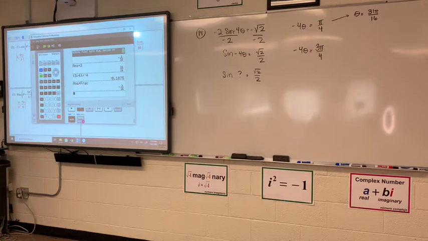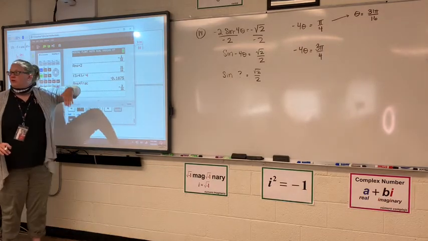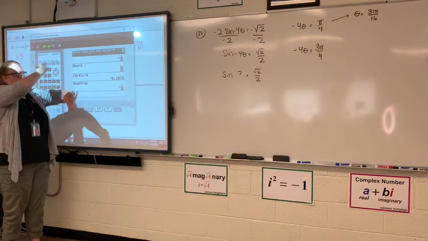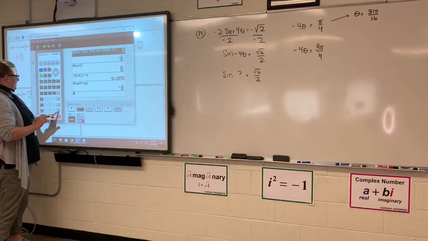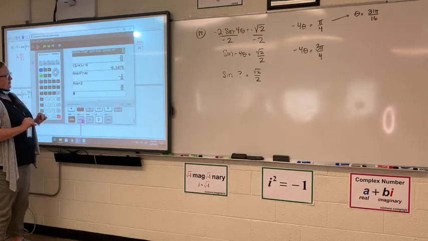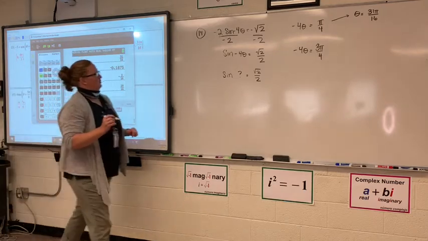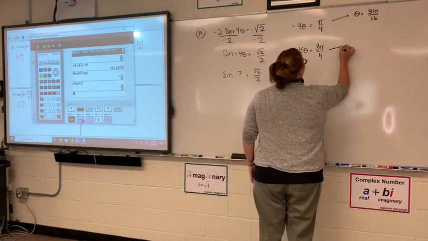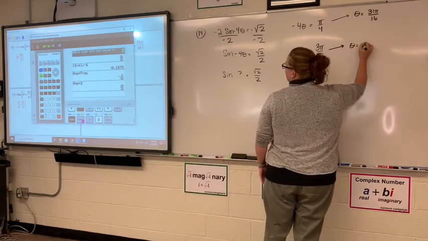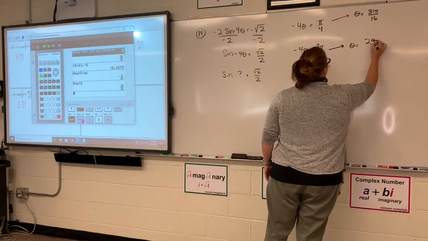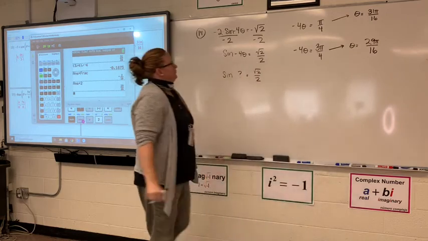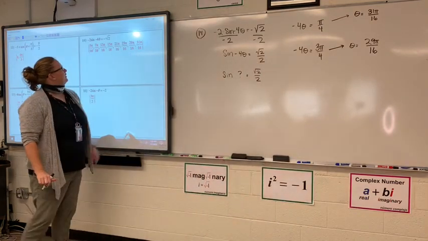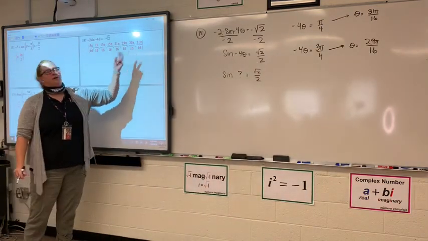So I've gone clockwise, but I need that coterminal angle that's clockwise, and I do that by going all the way around and coming back to it. Okay? So I'm going to add 2 pi. So that's 29 pi over 16. All right, so that's only those 2 right there.